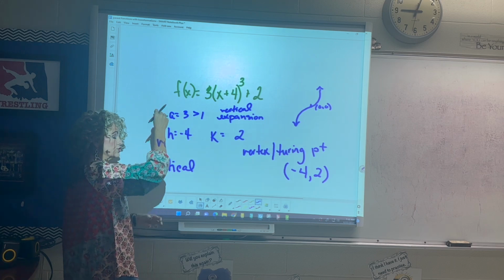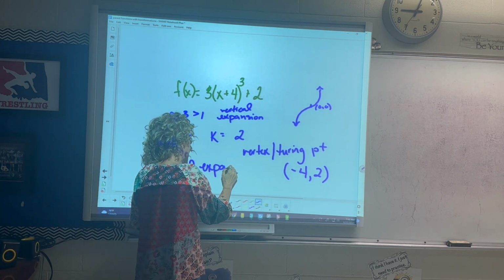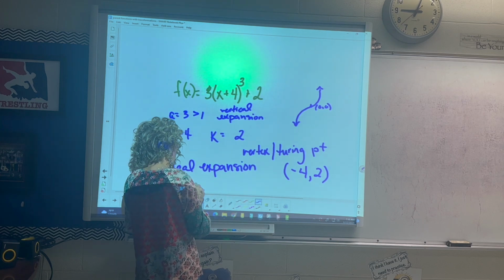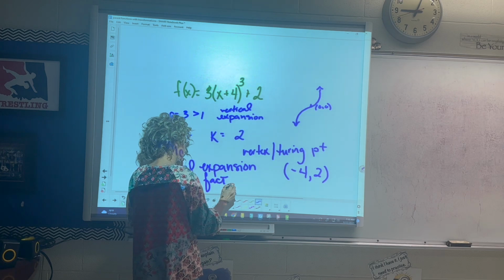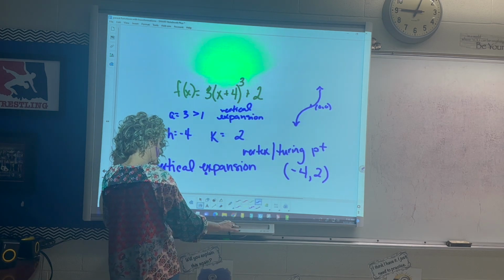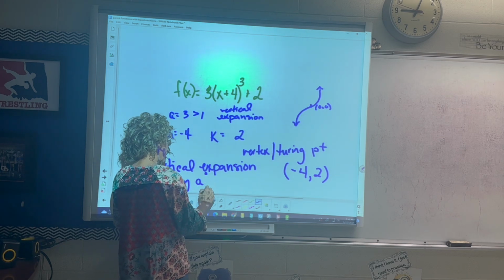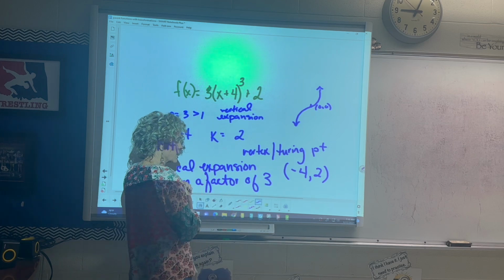I got larger, output got larger. I have a vertical expansion by a factor of 3. Oh, a vertical expansion, yeah, by a factor of 3. Sorry about that.